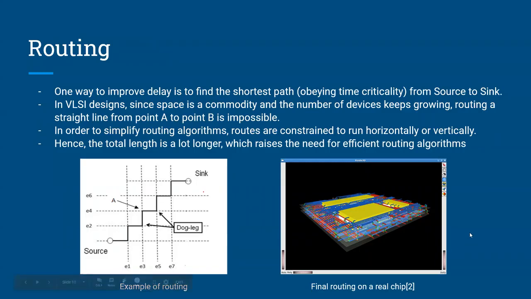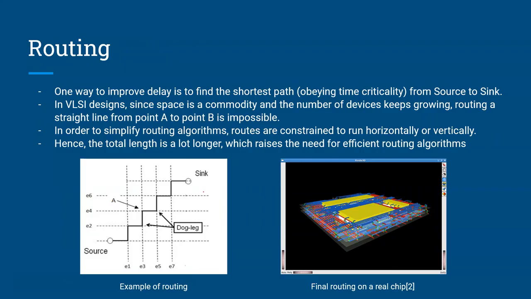However, in VLSI design, since space is a commodity and the number of devices keeps growing and growing, routing a straight line from point A to point B, which is the least distance, is impossible.